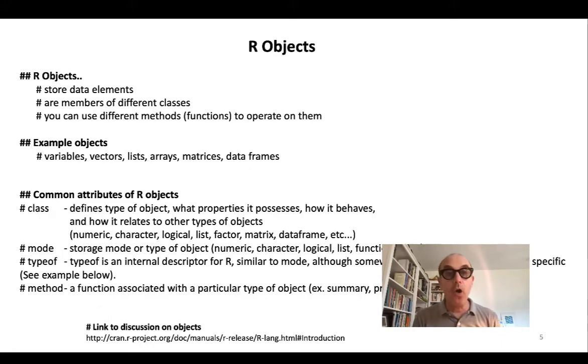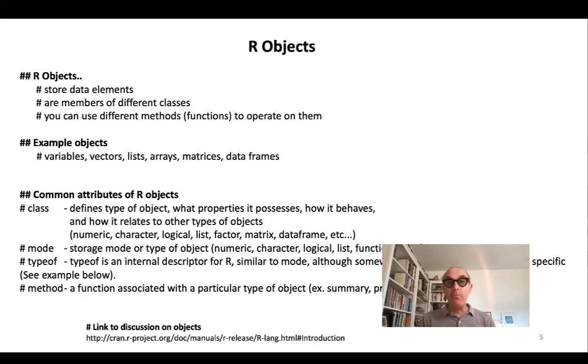So the R object, which can store data, is a member of different classes and can be used with different functions to operate on them. So examples of an object, again, can be a list, a matrix, or even a data frame.